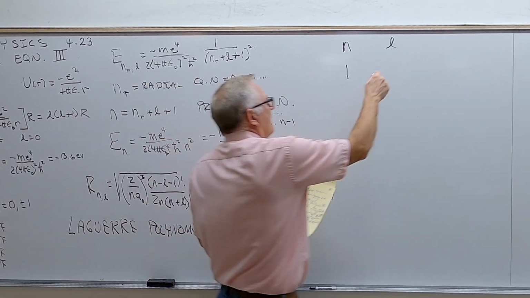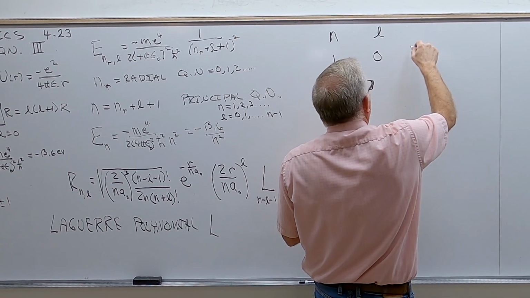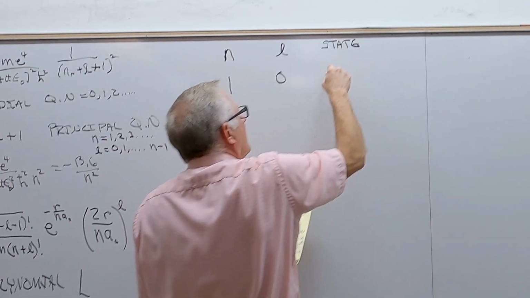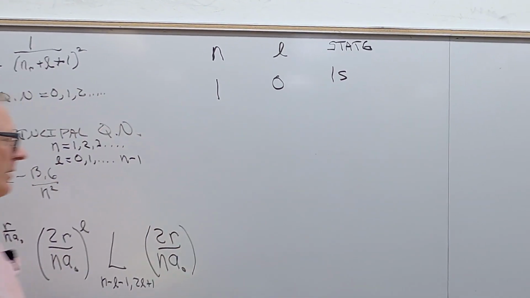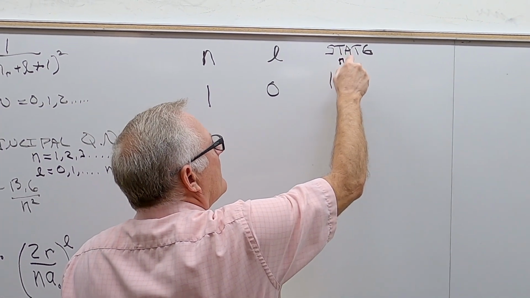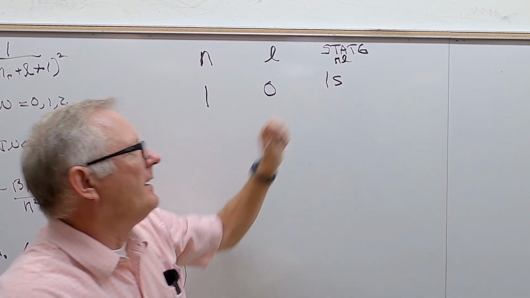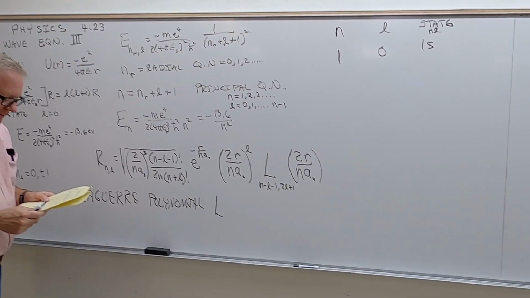So l can only be 0. We call this the 1s state. I'll just write up here the state. It's the nl, I should say. The l means it was the s state, the n was 1. So we call that the n equals 1, the 1s state right here.